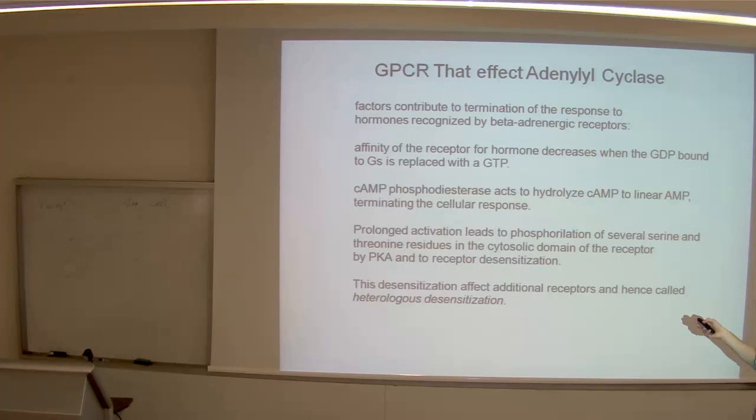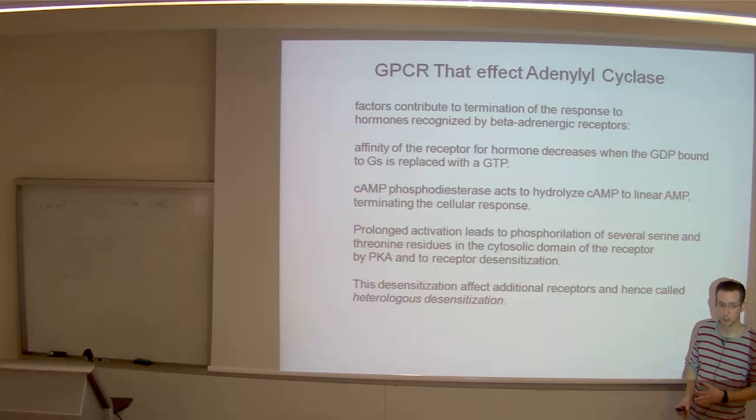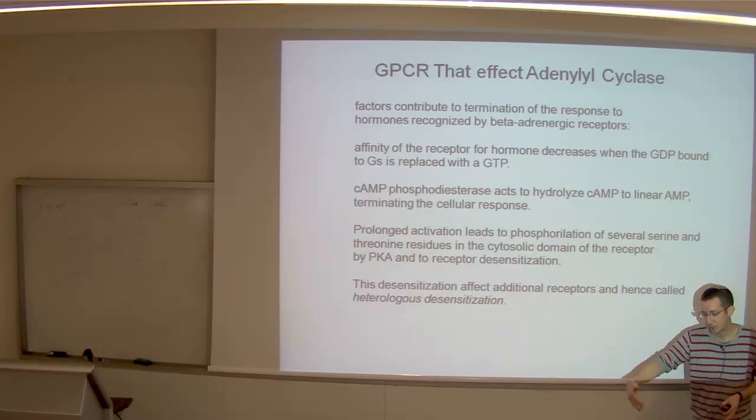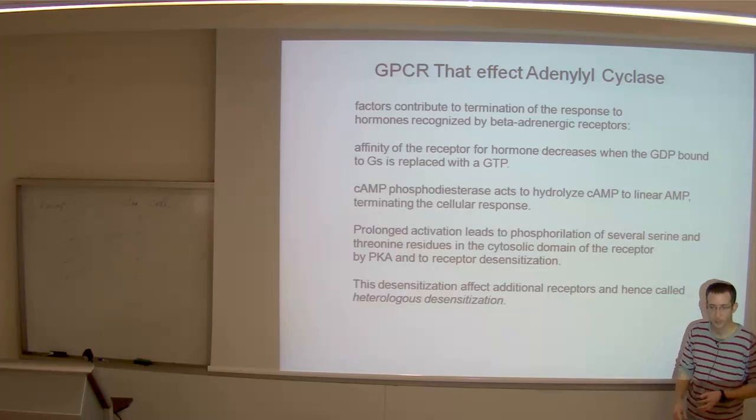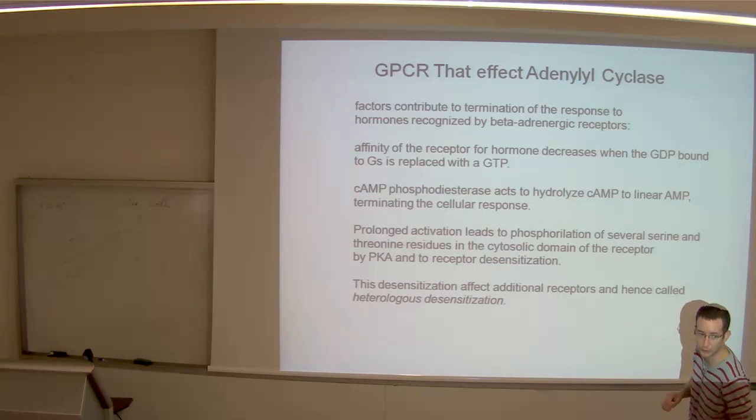Okay, some factors that contribute to termination in the case of the adenylate cyclase pathway. So first, the affinity of the receptor for the hormone reduces after the receptor is activated and activates a downstream G protein. Again, after the receptor is activated and activates the downstream G protein, its affinity to the hormone, the extracellular signaling molecule, reduces substantially.